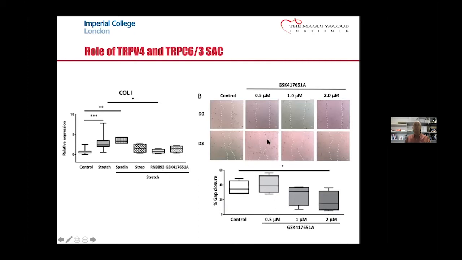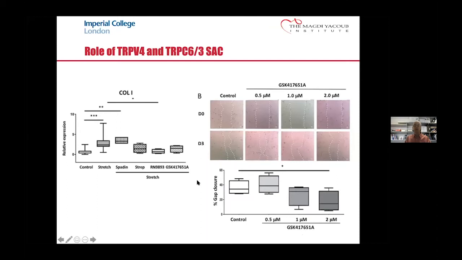But in terms of VIC migration, we also looked at this by the inhibitor of the TRPC6 channels. So this demonstrates the capacity of mechanosensitive ion channels to sense mechanical force or changes to the cell environment and mediate functional effects.